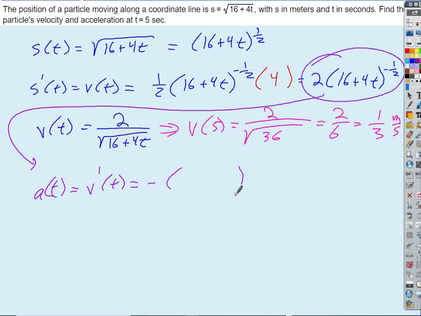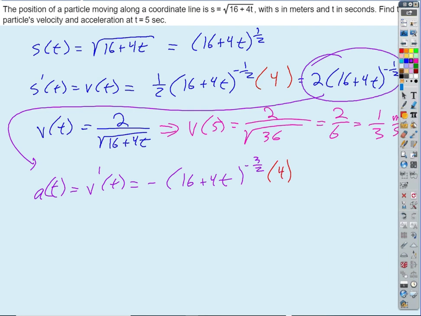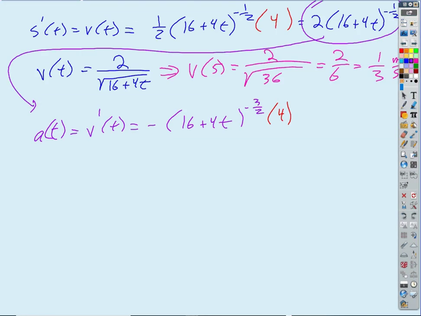We have to subtract 1 from the exponent, so -1/2 minus 1 would be -3/2. And then the derivative of the inside is 4. When I write that as a radical on the bottom, it's going to look like -4 on the top, and on the bottom I'm going to have 16 plus 4t to the 3/2.